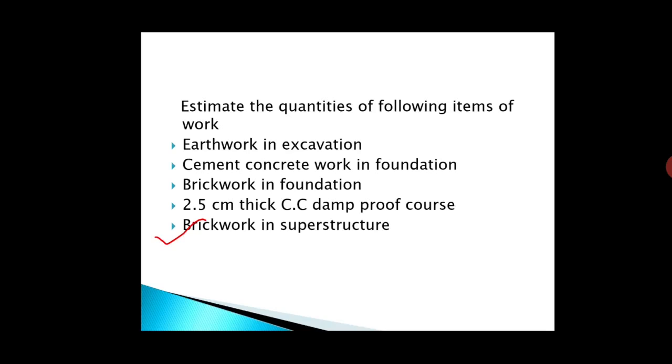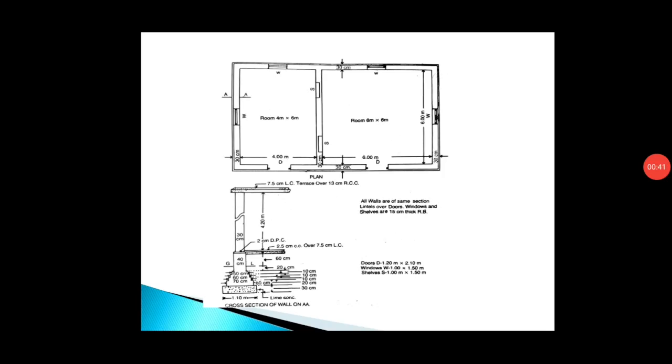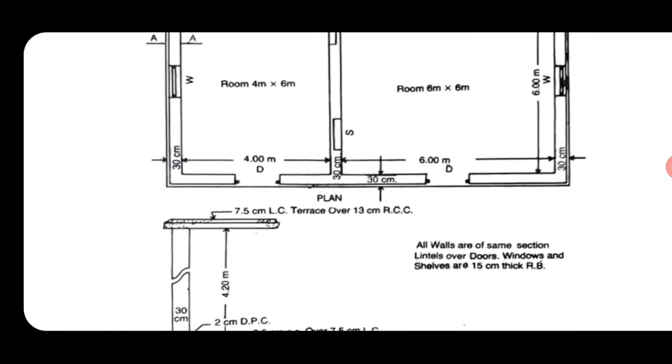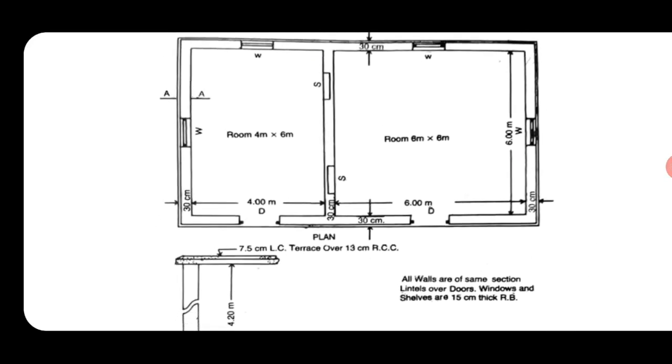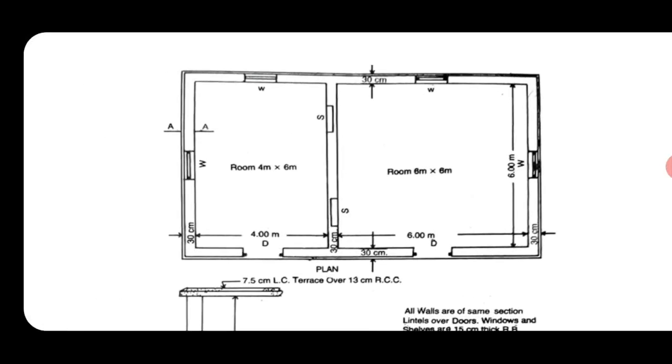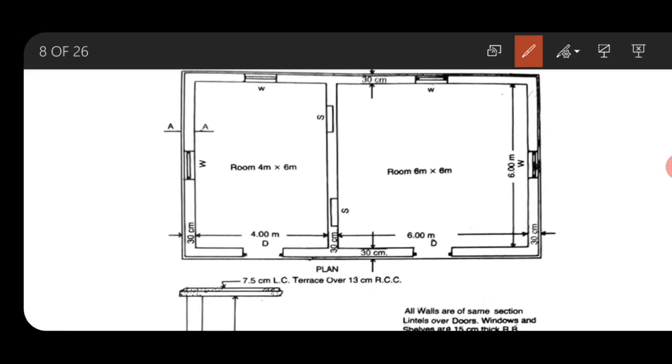Now let us move to the plan and elevation. This plan is at the level of superstructure. In this plan you can see this W represents the position of windows.